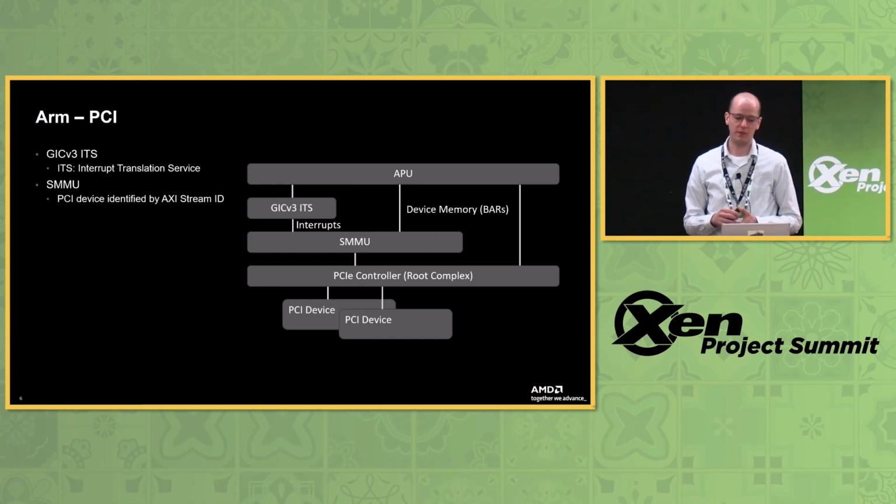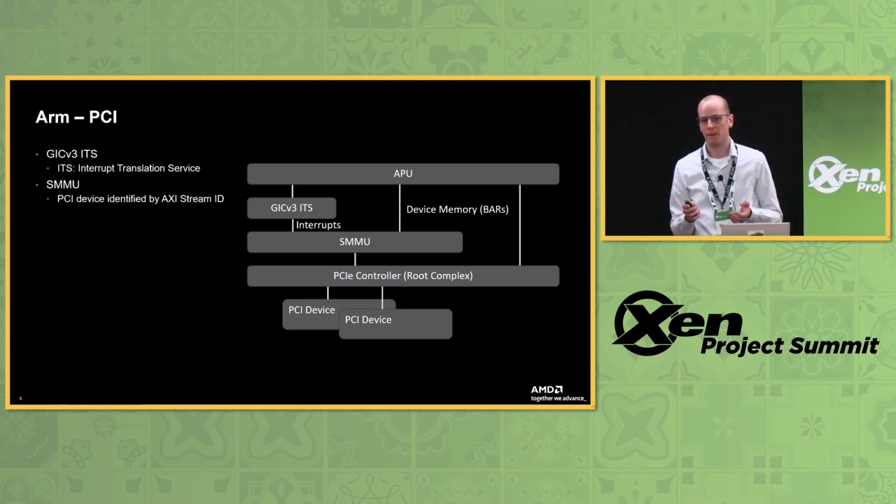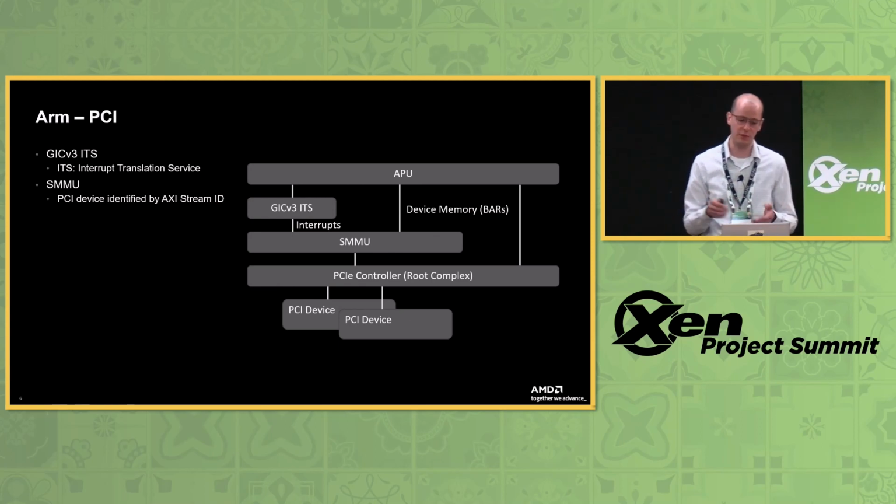Then that PCI to AXI bridge tags the AXI transactions with some sideband data to identify the BDF of the device. And then from there, it can go out into the SoC, the system, and be routed through the SMMU potentially, or be directly accessed from the applications processing unit, the APU.